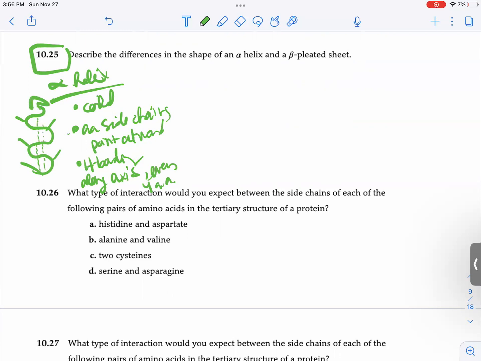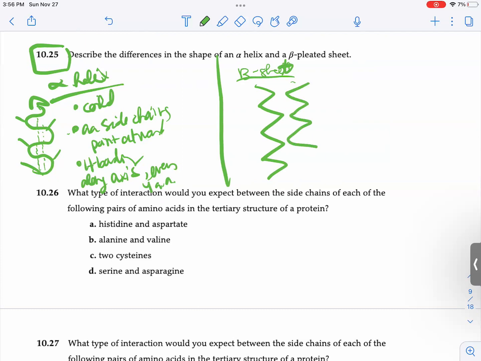And then we have a beta pleated sheet. I don't know why I put 2 T's on a sheet, just writing too fast, I guess. Think of this fan structure where you're going to have some attractions. You can call this an open extended zigzag.